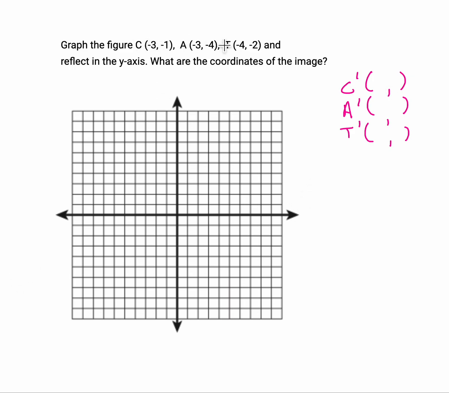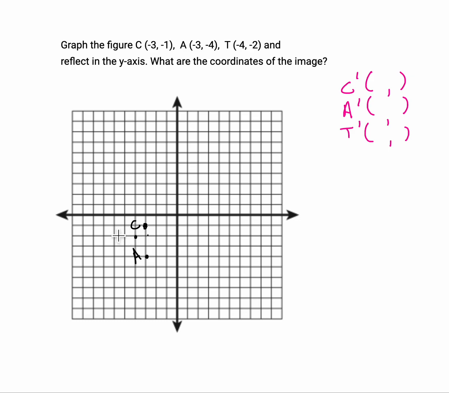Okay, so I'm going to plot CAT, my original. So C is -3, -1, and label it. Remember, we have to label it right when we plot it. A is -3, -4, and T is -4, -2.